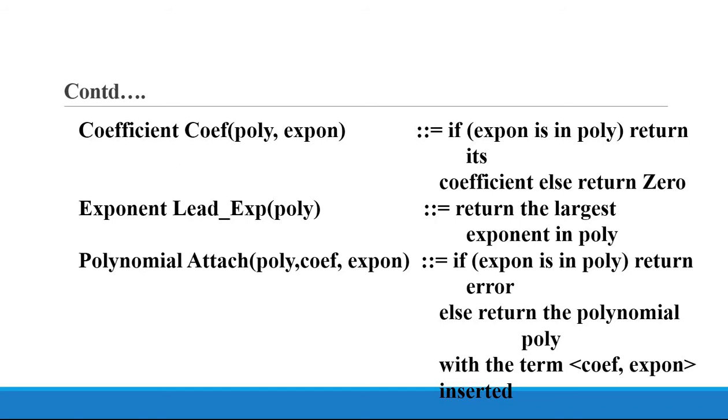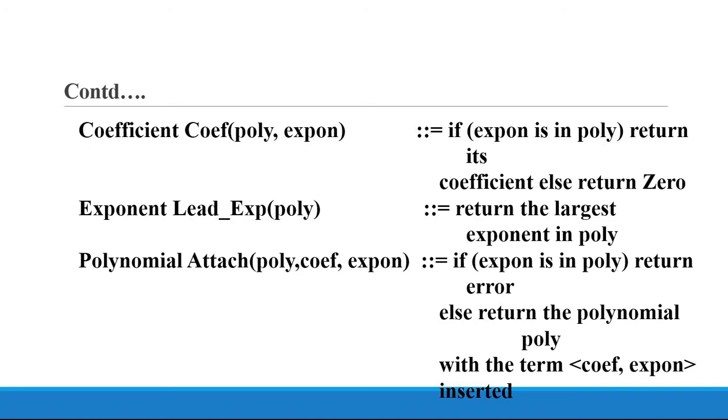The next one is the attach function. If you want to attach a new term with a coefficient and exponent to a polynomial, then you will use the attach function. You will pass the polynomial name, the coefficient and the exponent value.